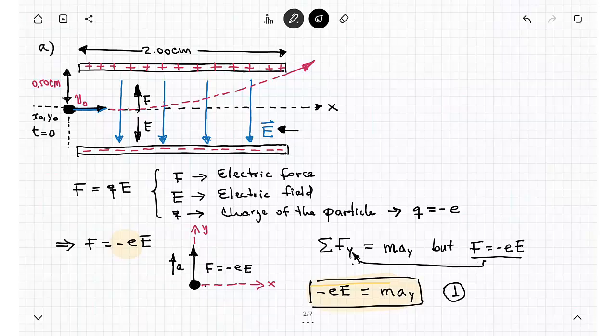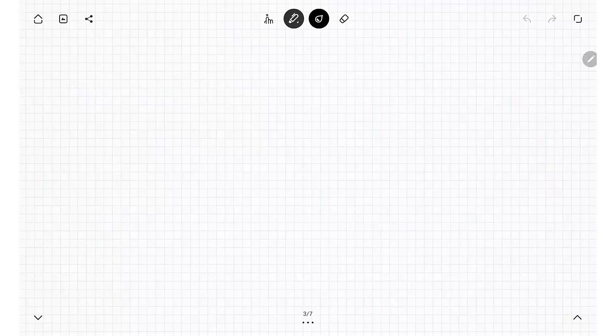Now we want to solve the kinematics of the electron inside the field, okay? We want to do that because we want to find a new parameter here, but first we want to write the equation of motion of a particle that is moving in a plane.